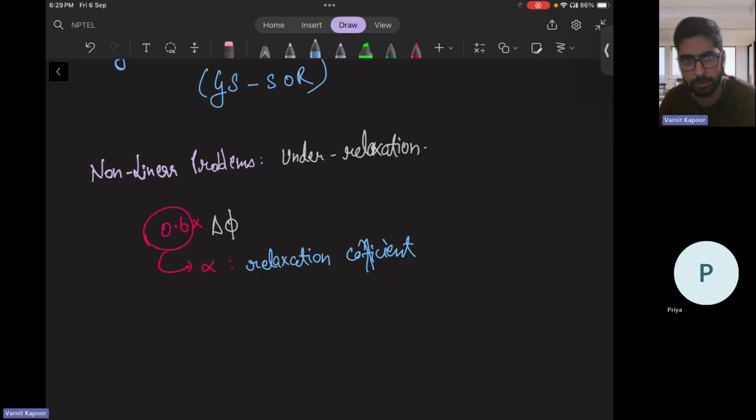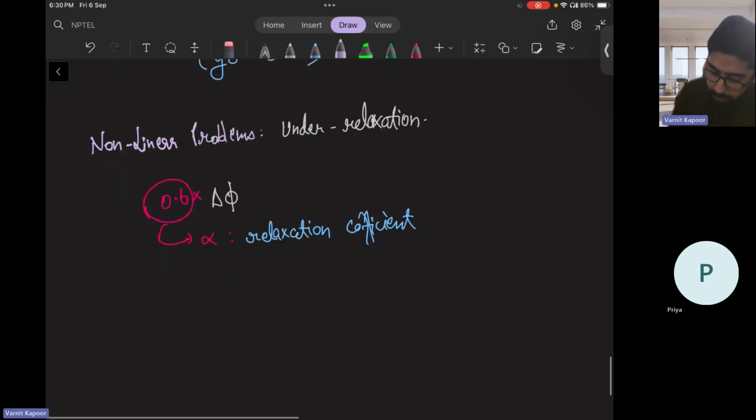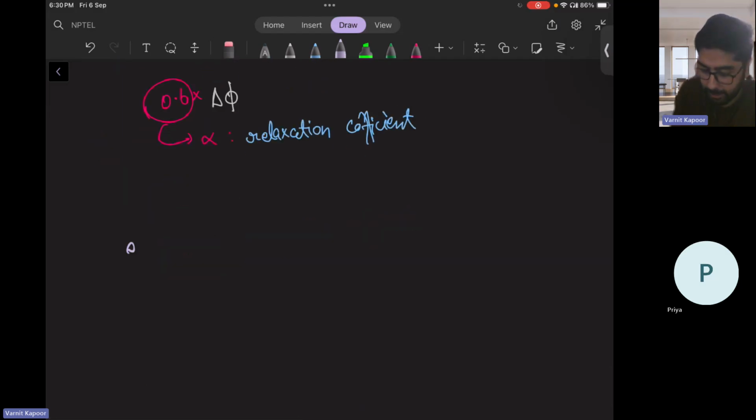There are some techniques as well to understand how you will select the value of the relaxation coefficients. Okay. So if our equation is like this, as we have seen this equation multiple times, that is AP TP is nothing but summation of neighboring nodes ANB TNB plus the B. Okay. So if I divide with the AP, so what will I get?